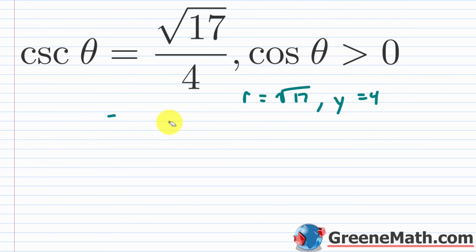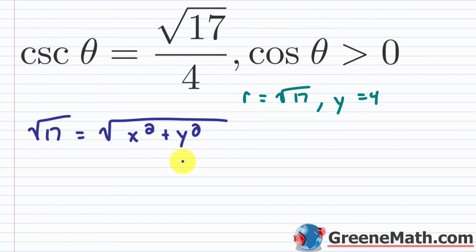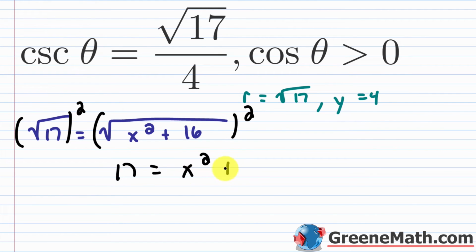To do that, you plug into your r formula: r is equal to the square root of x squared plus y squared. We know r is the square root of 17, and y is 4. 4 squared is 16. Then square both sides, and you're going to get 17 is equal to x squared plus 16.